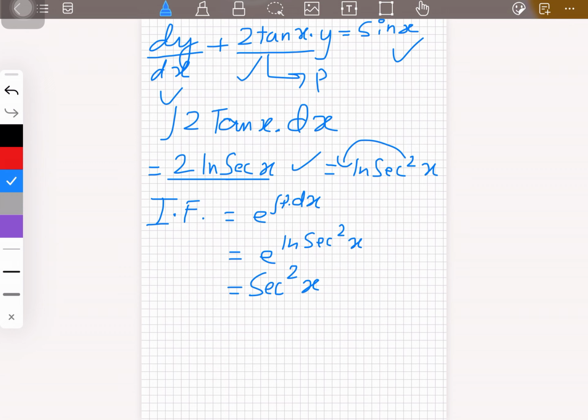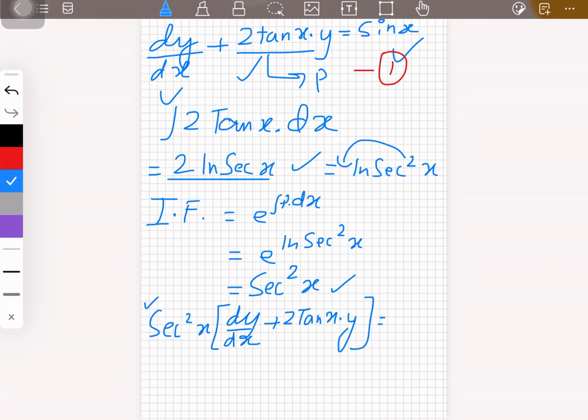So now what you will do is multiply the standard form, equation 1, with this integrating factor. So what you will get is sec square x multiplied by dy over dx plus 2 tan x times y is equal to sine x times sec square x.